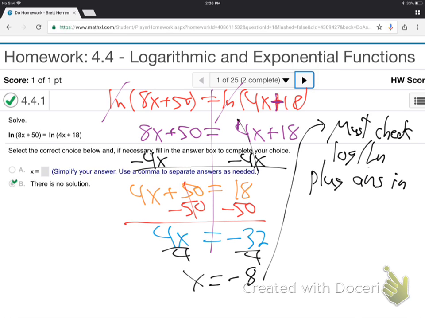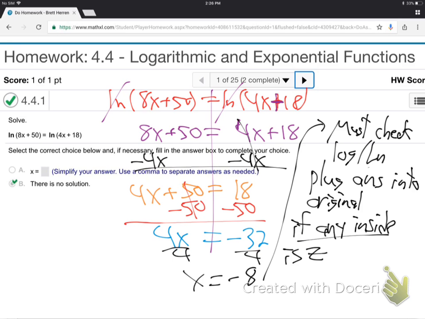Plug the answer into the original; if any inside is 0 or negative, no solution. Well, I'll just say cross it off.